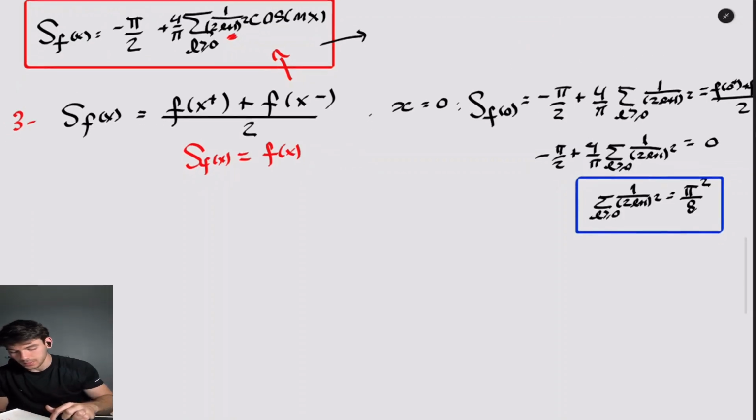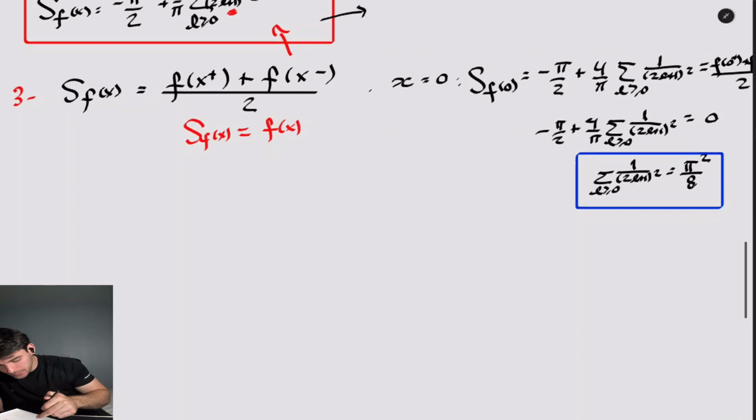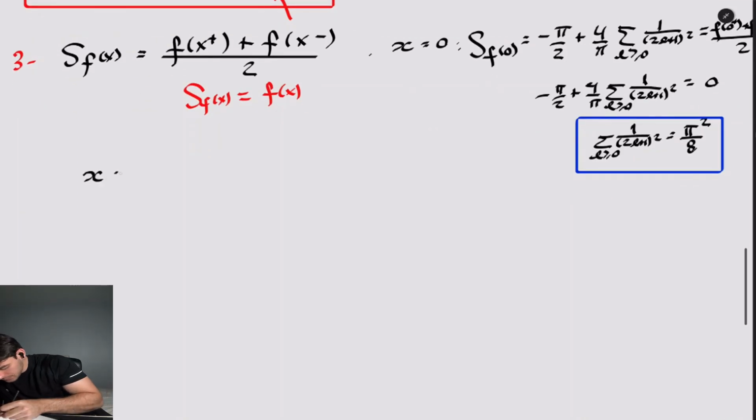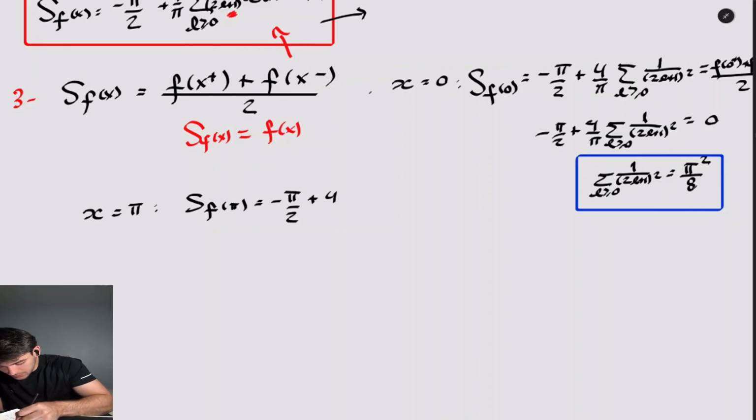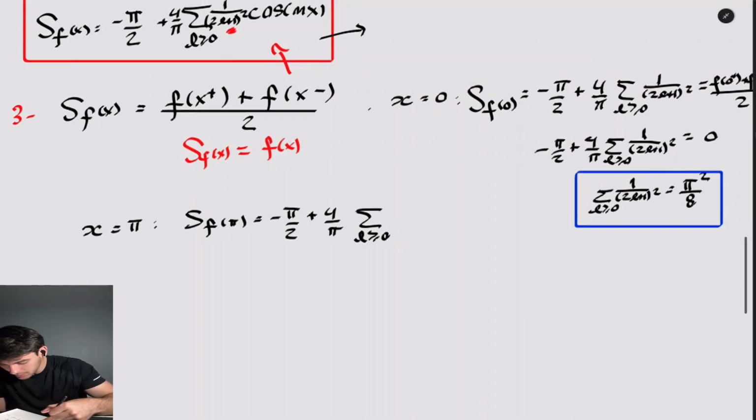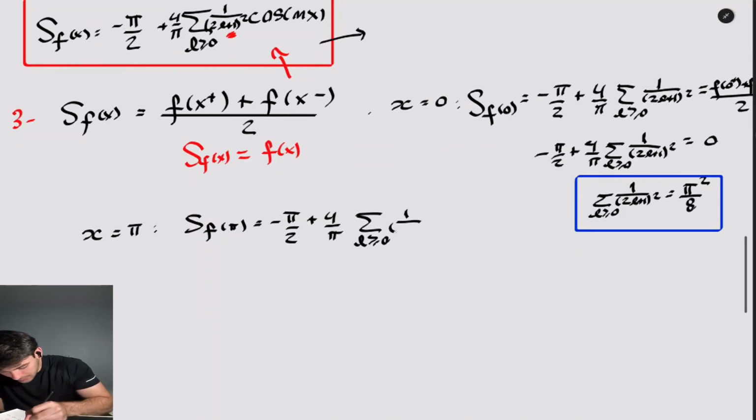All right, so let's use now the point x equal to pi. All right, so f of pi equals minus pi divided by 2 plus 4 divided by pi, the sum of L greater or equal to 0, 1 divided by 2L plus 1 squared.